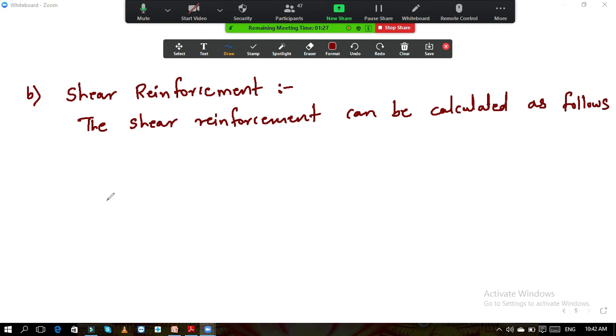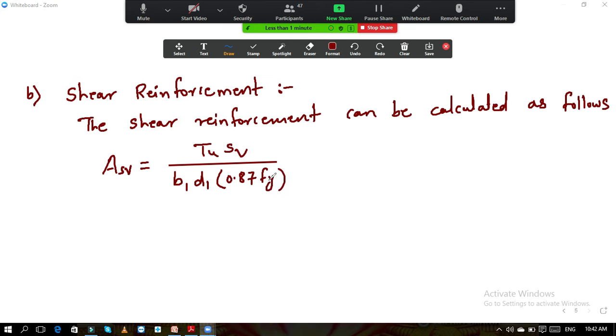So the formula for shear reinforcement is ASV is equal to TU into SV, whole divided by B1 D1 into 0.87 Fy, plus VU into SV, again whole divided by 2.5 D1 into 0.87 Fy.